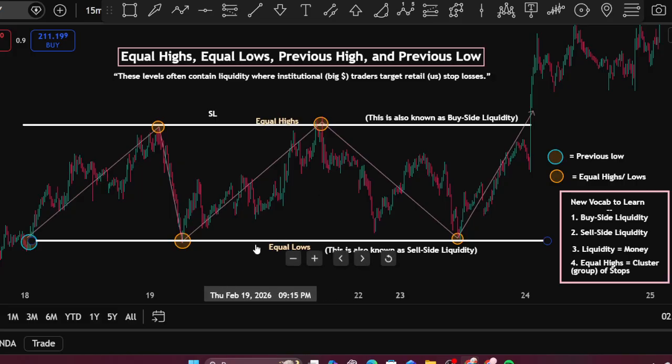Okay, so now let's look at the equal lows, the line that's down here. This is, again, our equal lows, where price touches a similar low multiple times. So it started here. That was a previous moment. That's why I changed the color. Why is it previous?